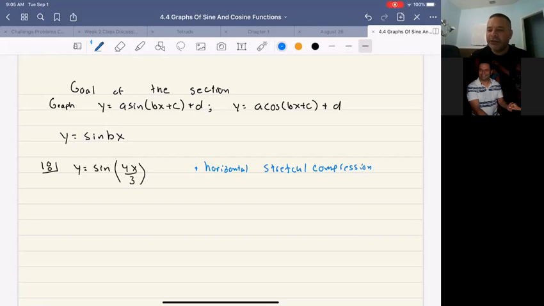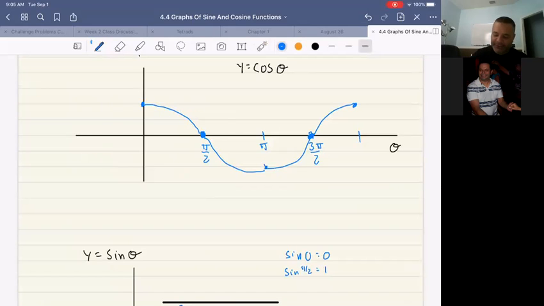But what we are going to do is say, normally sine has these 4 points that we look at: pi over 2, pi, 3 pi over 2, and 2 pi. Now I have a little secret for how I do it in general. 2 pi is the whole period.